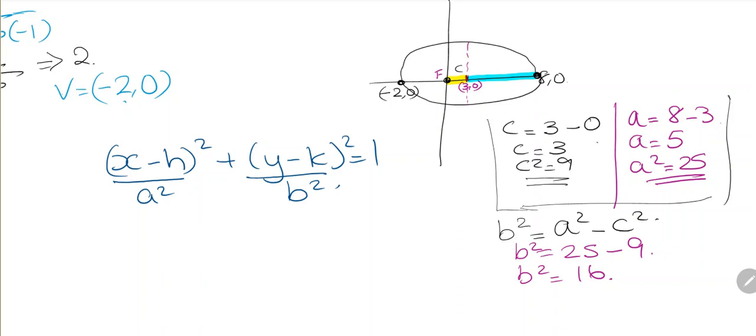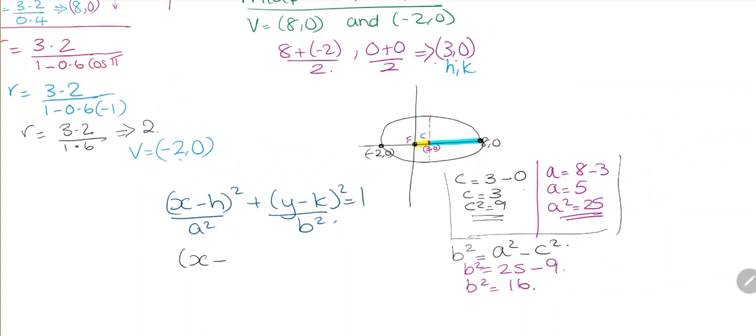Our h value is 3, so that's (x minus 3) squared, and k is 0, so (y minus 0) squared.